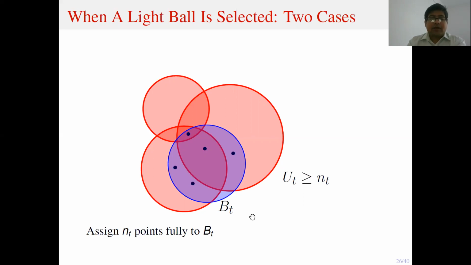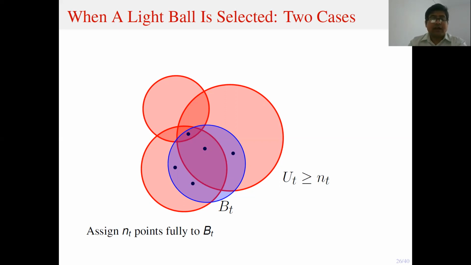And now we can have two cases based on how many points we have inside this ball BT and what is the capacity of this ball BT. The capacity of this ball is UT and the number of points inside this ball is NT. Then there can be two cases: UT is at least NT, and UT is strictly less than NT. In case UT is at least NT, we have enough capacity to serve all the NT points.